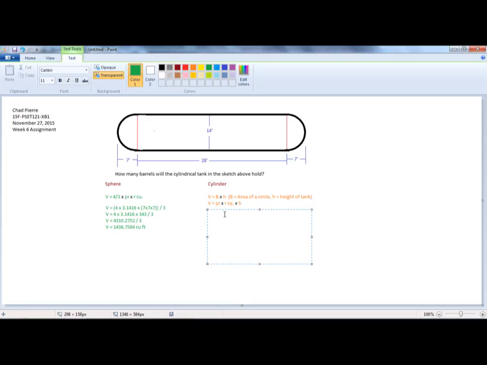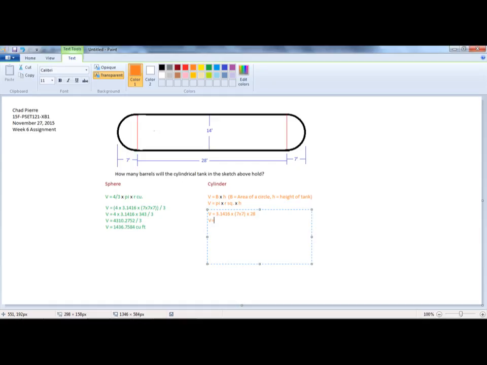So let's plug in some numbers. Volume equals the area of a circle, so pi is 3.1416 times our radius squared. What is our radius? We know our diameter is 14, and the radius is half the diameter, since it goes from the center out. So half of 14 is 7. So 7 squared, 7 times 7, times the height of our tank, which is the length, 28.